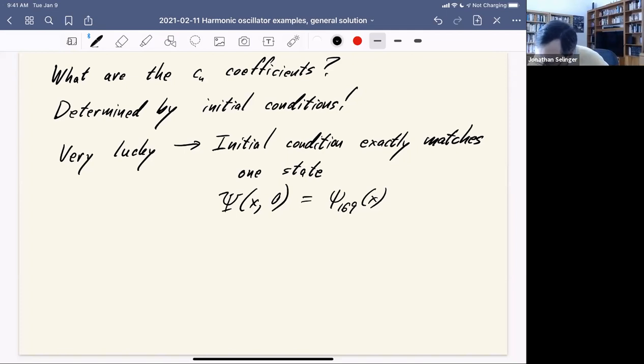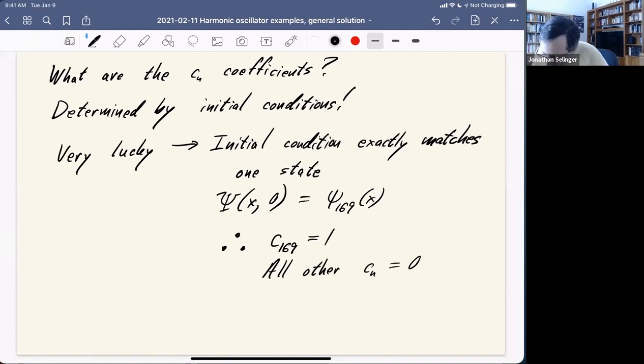So that means you don't have to do any work. That tells us that C169 is equal to 1, and all other Cn are equal to 0. So then we're all set.